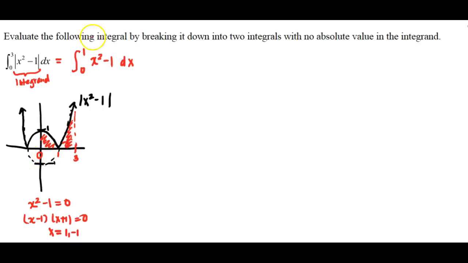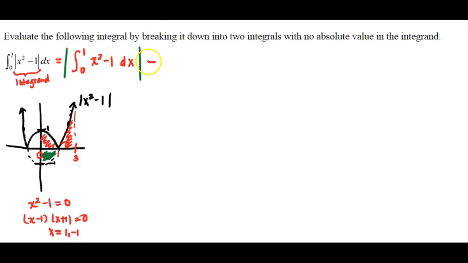But that is finding, so the integral from 0 to 1 of x squared minus 1, that's finding this part right here. Notice that this red part and this green part are the same amount of area, but the green part is negative. So how do I make that area positive? Well, I can put absolute value bars around that whole entire quantity. So notice the absolute value bars are not in the integrand, they're around the entire outside.